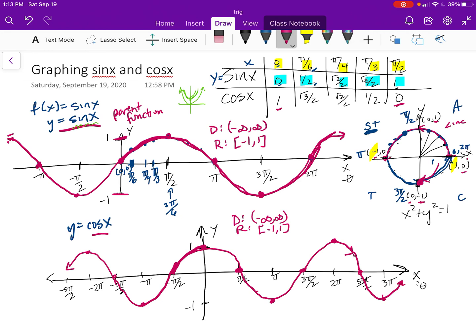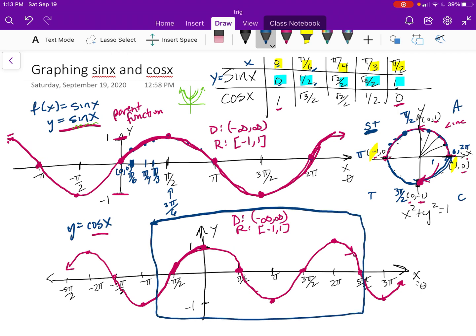When graphing these, you usually want to show at least one full period, one full rotation. In my opinion, it would be best to show just slightly more. So if my viewing window on a calculator included something like that, I could see the full rotation and a bit more, which is pretty good. Two full rotations, maybe even better.